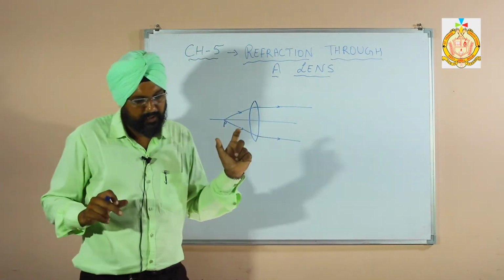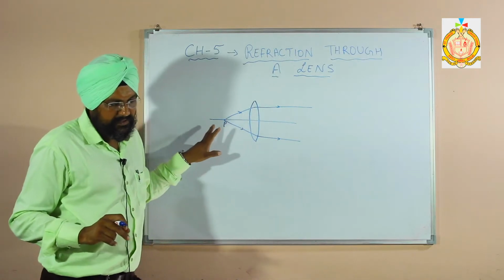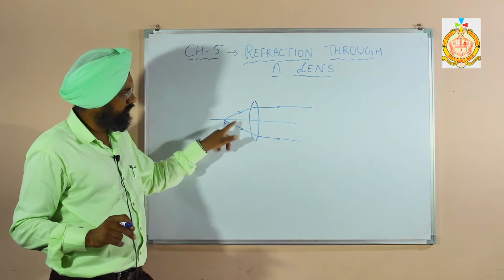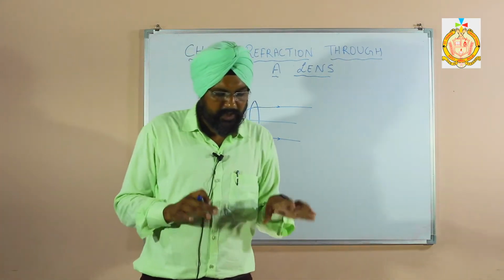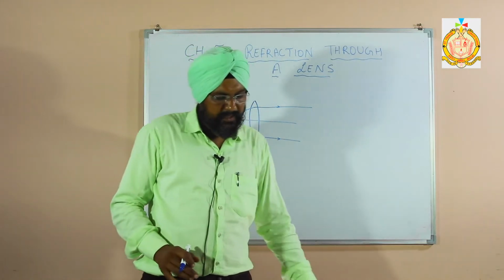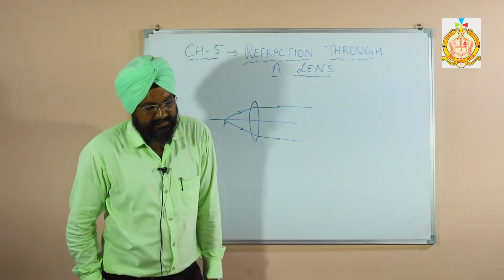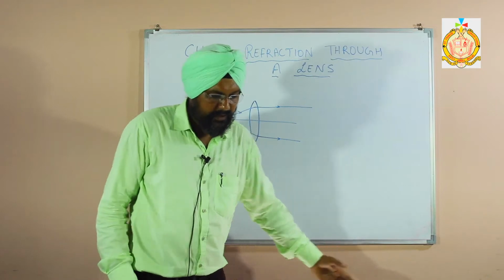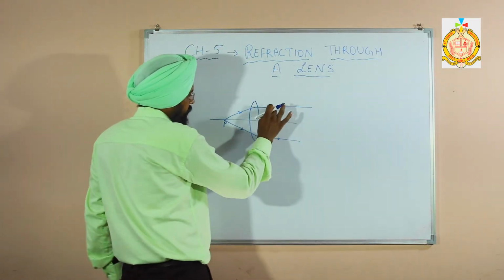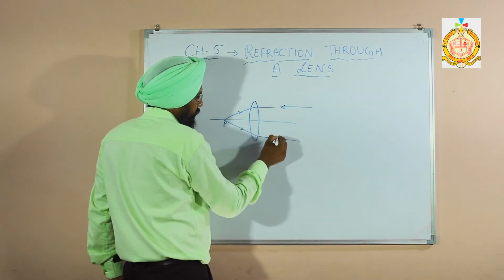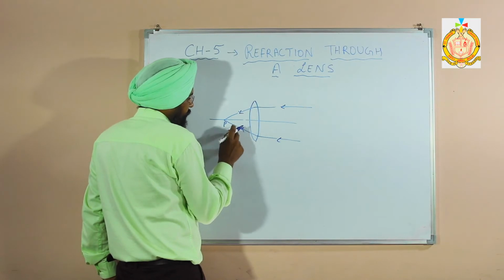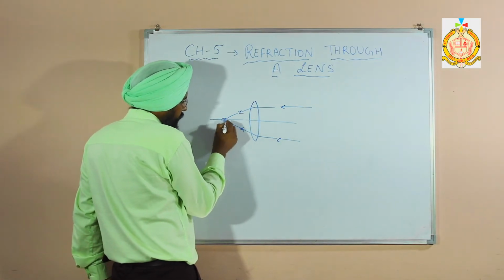It is a point on the principal axis such that rays of light coming from it, that means from the source, after refraction through the lens, become parallel to the principal axis. The second focal point is on the other side, where the rays are coming parallel. Suppose these rays are coming parallel and they meet at this point.